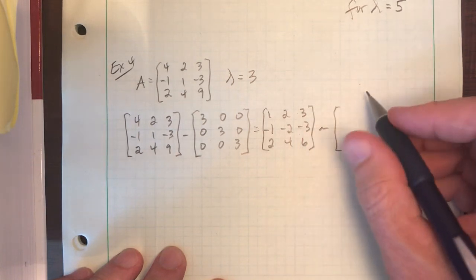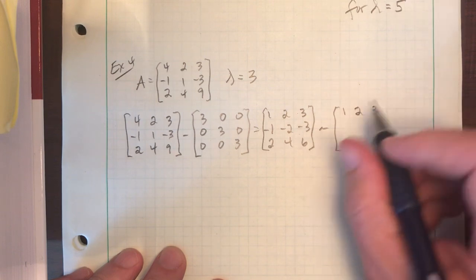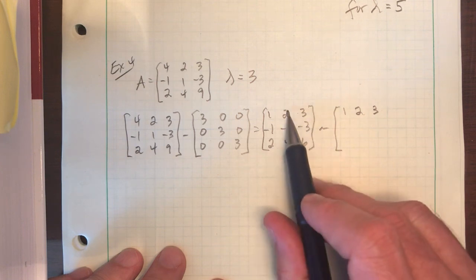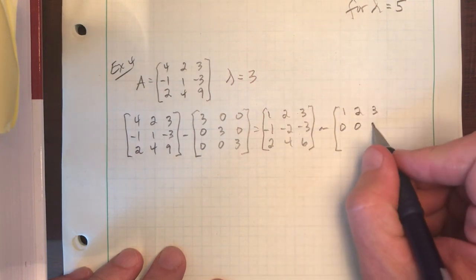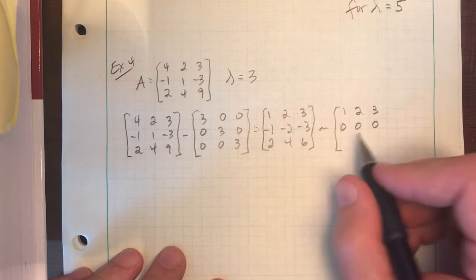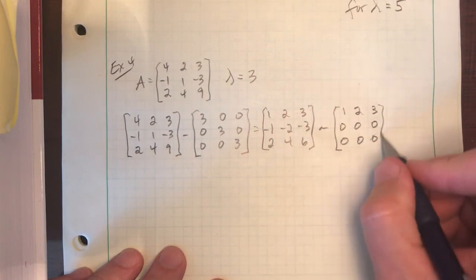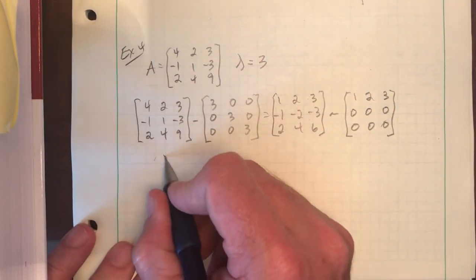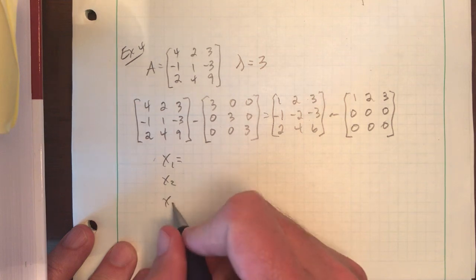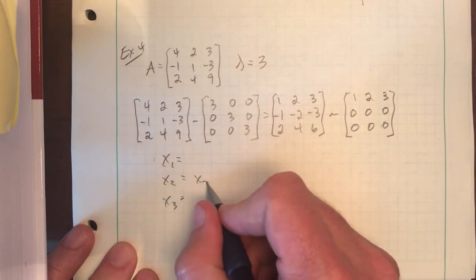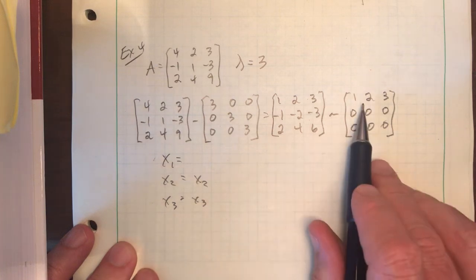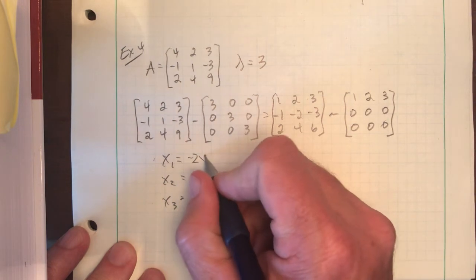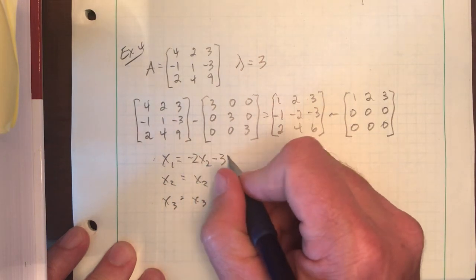If we row reduce that, we still get 1, 2, 3 across the top, and you can kind of see it visually. If you just add row 1 to row 2, you get a row of zeros, and if you multiply by negative 2 and add, you get a row of zeros. So notice this time, of my 3 variables, 2 are free. So let's call those out. And then x1 is negative 2 x2 minus 3 x3.